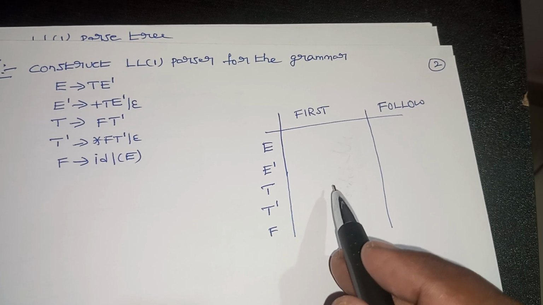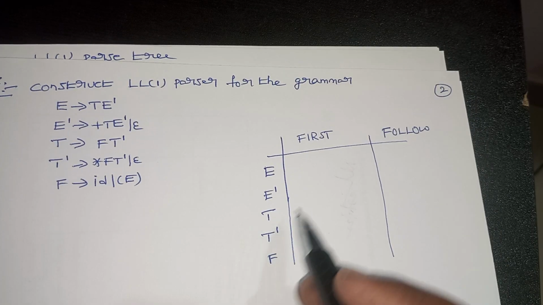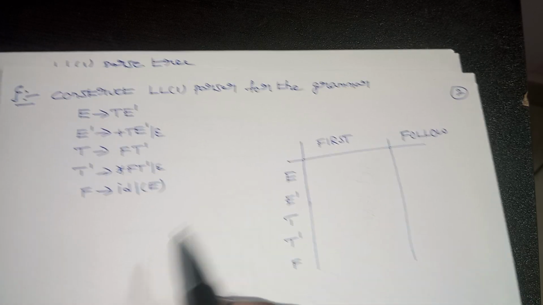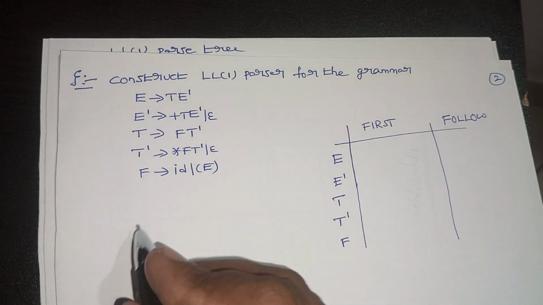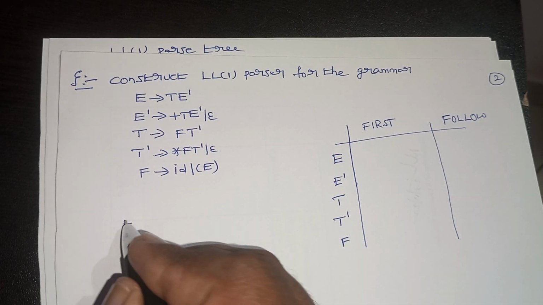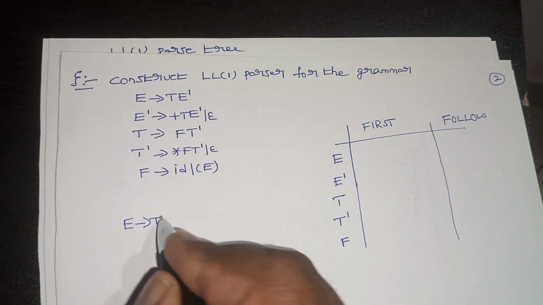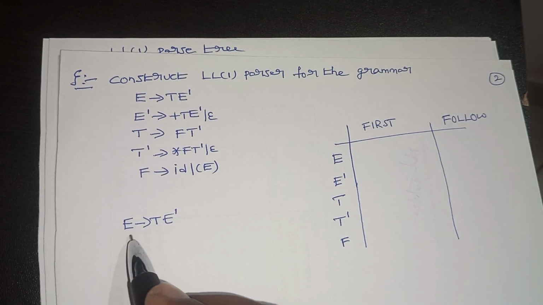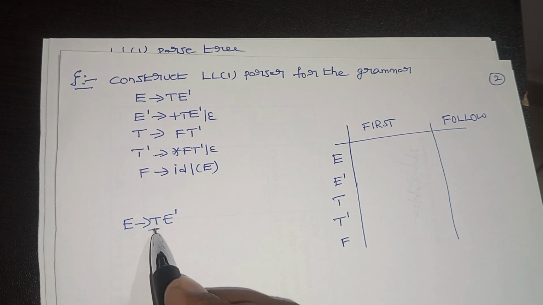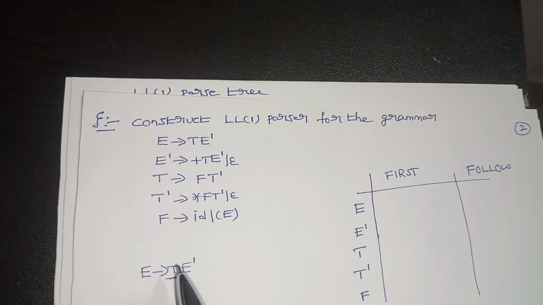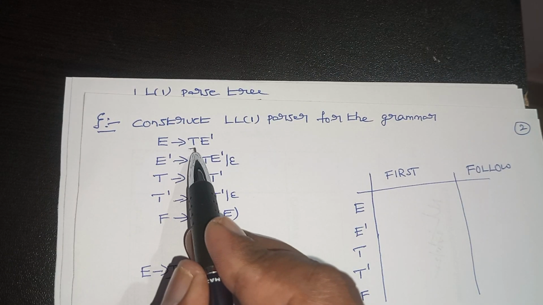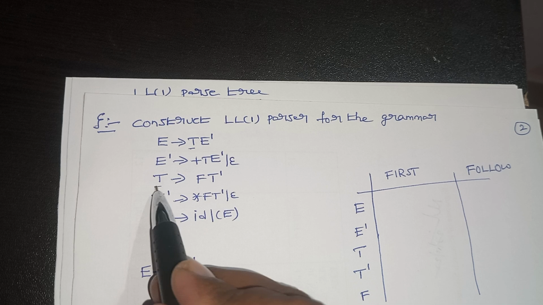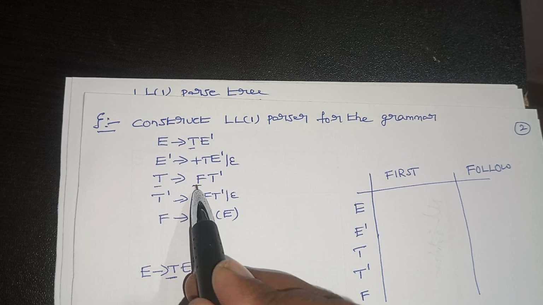First we will fill up this first. What is the first? Take rule one, E tends to TE'. What is the first of E? Now come to the grammar. From this I will go to T, and again to first of F. What is the first of F?